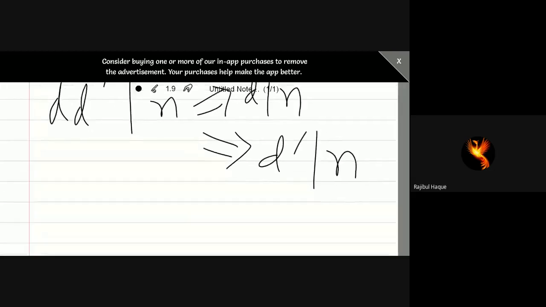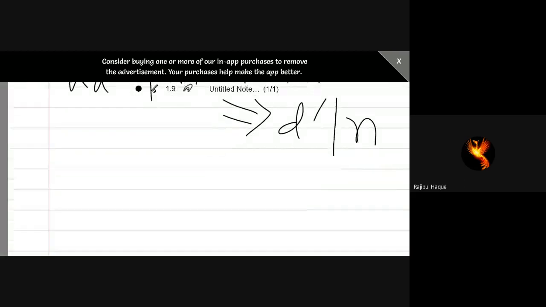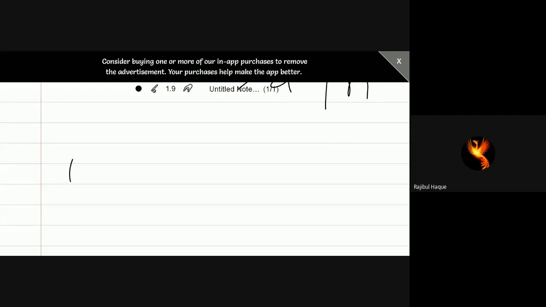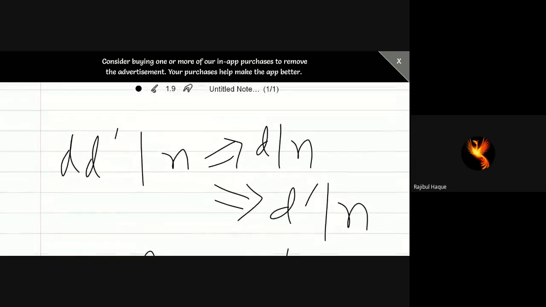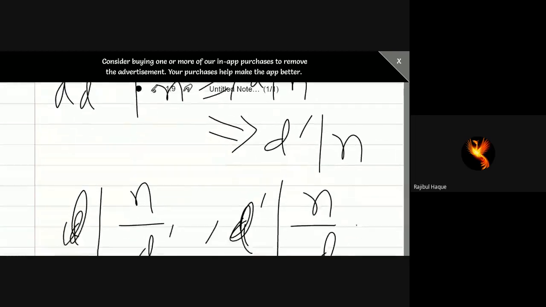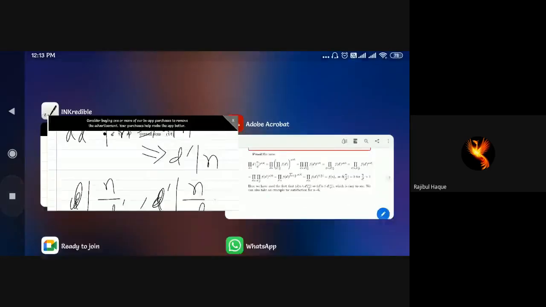And now as d dash divides n, we can also say that d divides n by d dash and d dash divides n by d. So that's what we used. It's not replacing them. It's the same thing. Writing d dash divides n will imply all of these things. That is what we have used there.